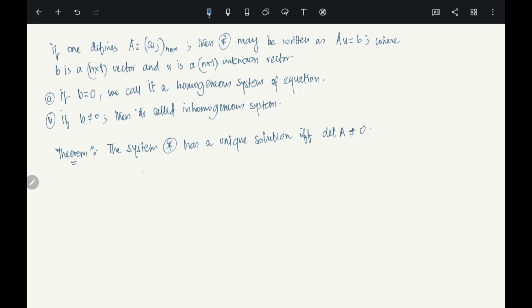And we can also say, alternatively, that the homogeneous system, so b equals 0, has only the trivial solution.